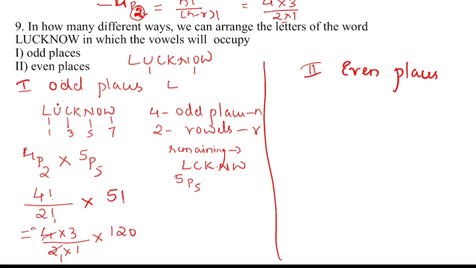So 2 ones are 2, 2 twos are 4, 2 threes are 6.